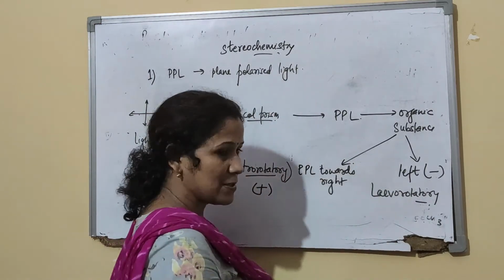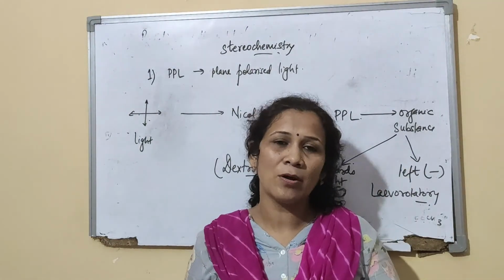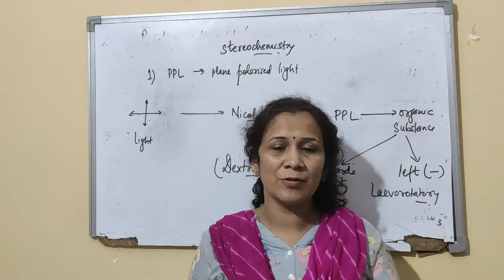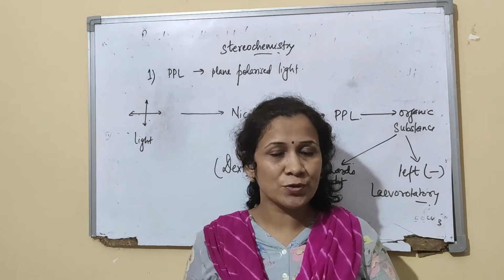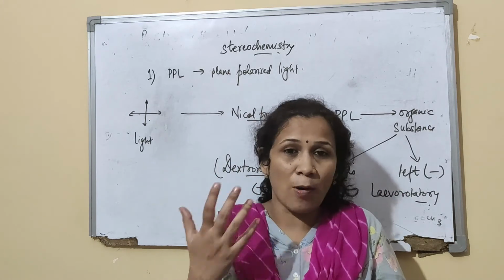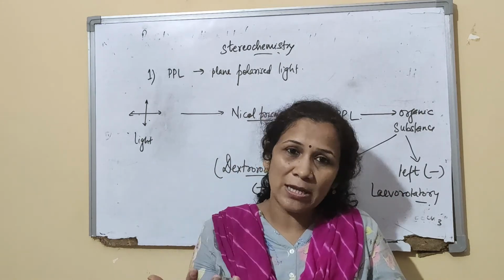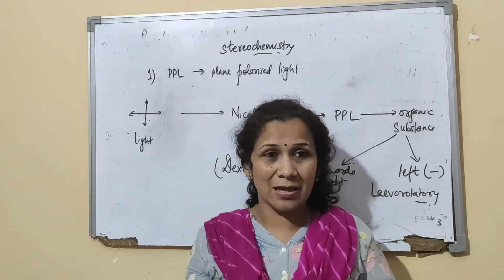So that means we can know about optical activity only with the help of plane polarized light. Where do we see the rotation? This is known as optical rotation. It is only seen through a spectrometer. You cannot see it in air like this.